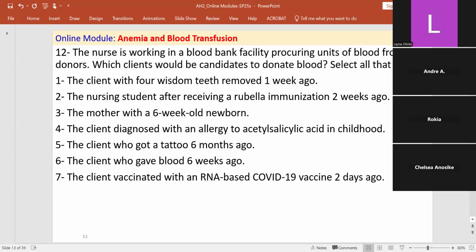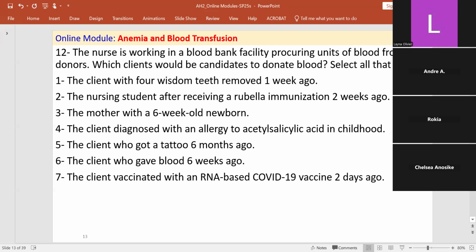It is contraindicated; she cannot donate blood. Six weeks or more, then she can. So we are good with number 1 and number 3.